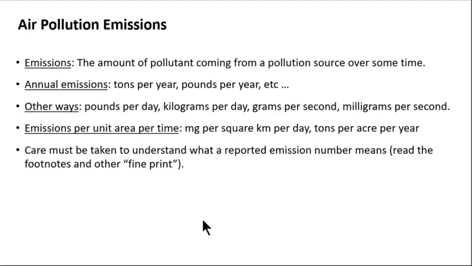As a rate, emissions are expressed as an amount of air pollution per time, for example, tons per year of SO2 from a smokestack, or pounds per day of NOx from a tailpipe. Sometimes emissions will be expressed as an amount per area per time. For example, milligrams of hydrocarbon vapors per square kilometer per day.